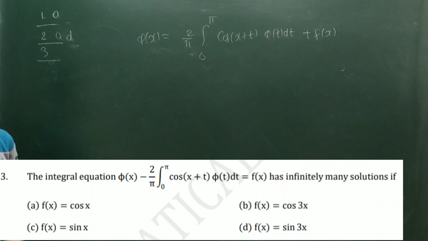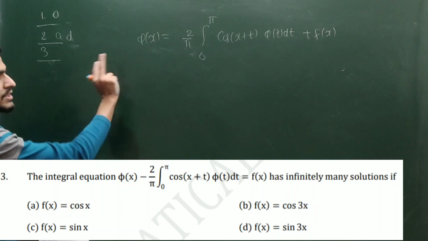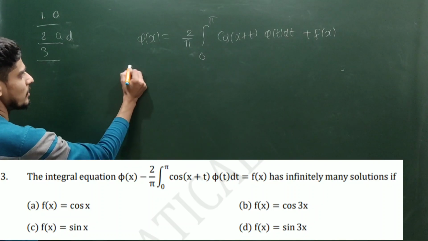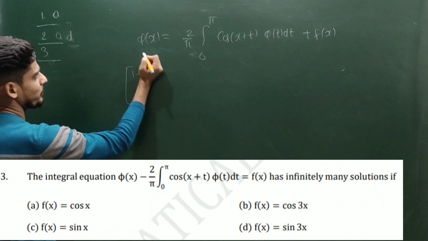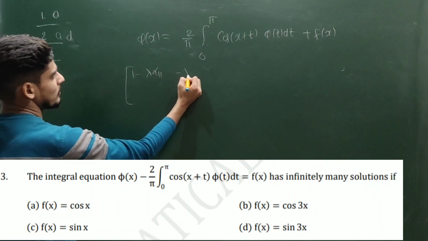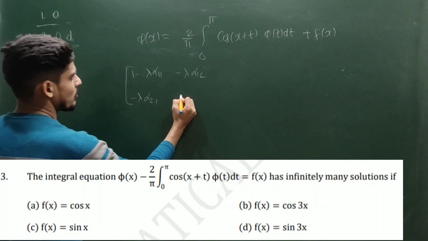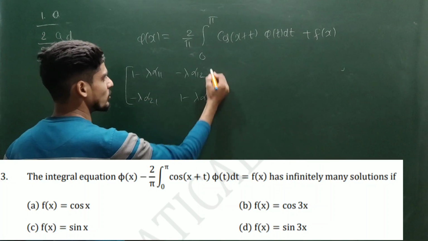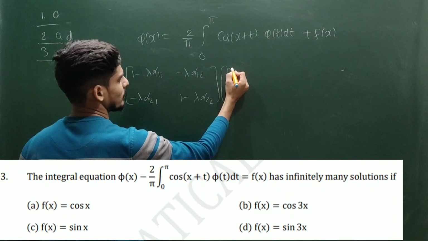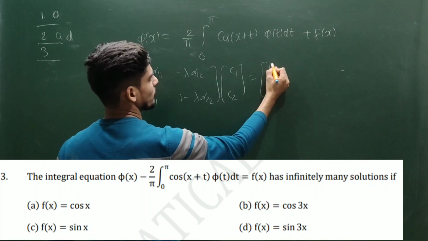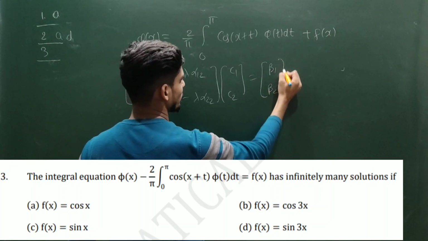So what we need for infinitely many solutions? We know the system of equations, because if I solve this, I will get the system of linear equations, which is given by 1 minus lambda alpha 1 1, minus lambda alpha 1 2, minus lambda alpha 2 1, 1 minus lambda alpha 2 2, times C1 C2 is equal to beta 1 beta 2.